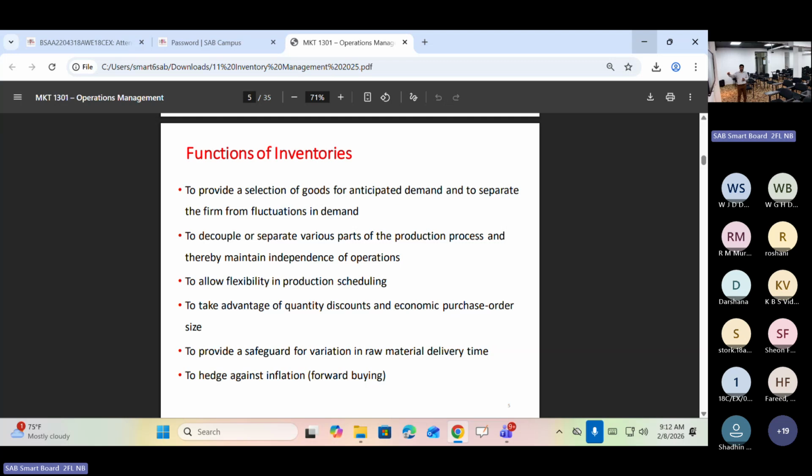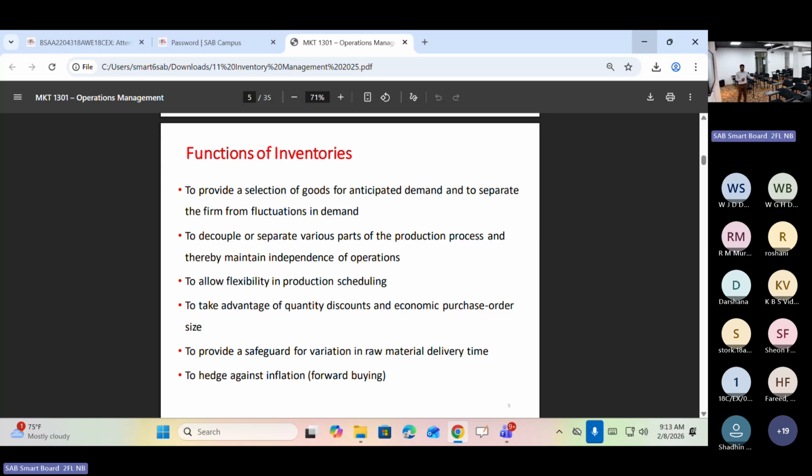You have to arrange the production process. We call it production scheduling. When raw material inventories are maintained for different products, one factory is producing not only one product, they will be producing different products, different designs, for which different materials are required.